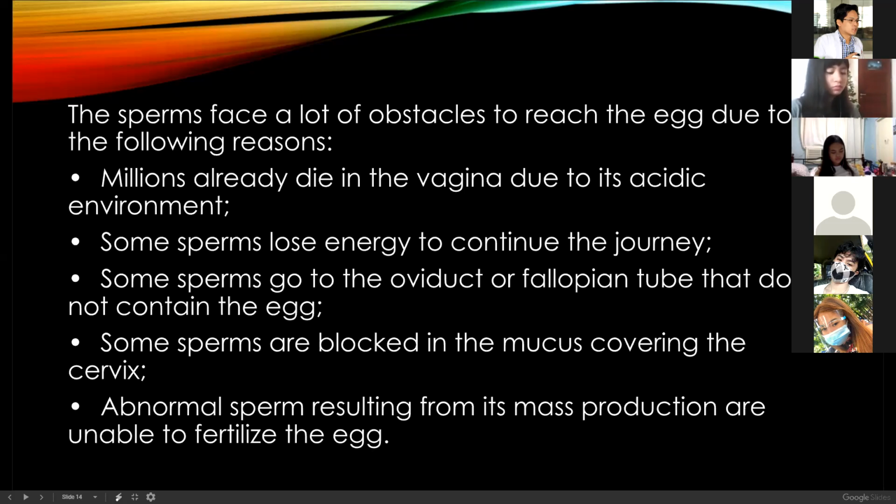Remember that spermatogenesis is the process of forming sperms. If it is faster than usual, it can create defective sperm, resulting in abnormal sperm unable to fertilize the egg.